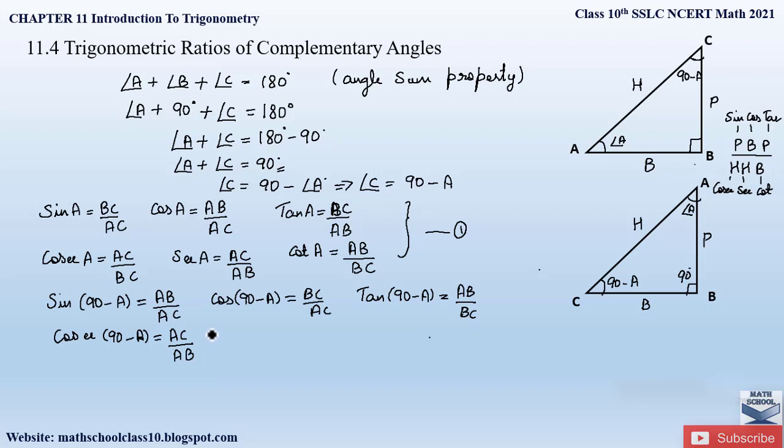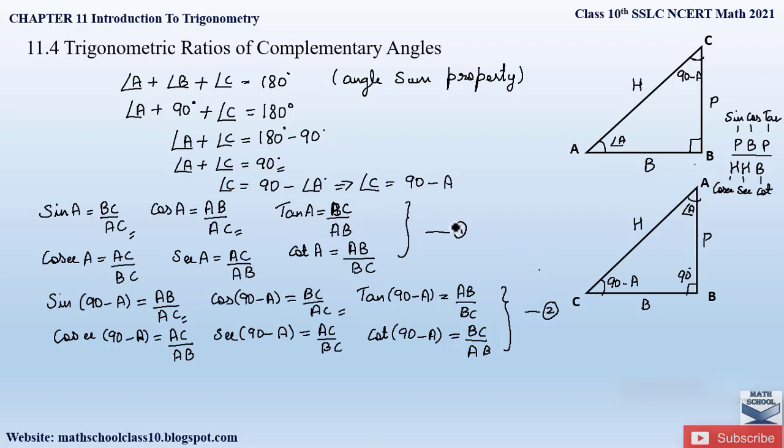Similarly, we have secant 90 minus A, which is equal to hypotenuse by base, that is AC by BC. And lastly, cot 90 minus A can be written as base by perpendicular, where base is BC and perpendicular is AB. So let us take these as equation number 2.